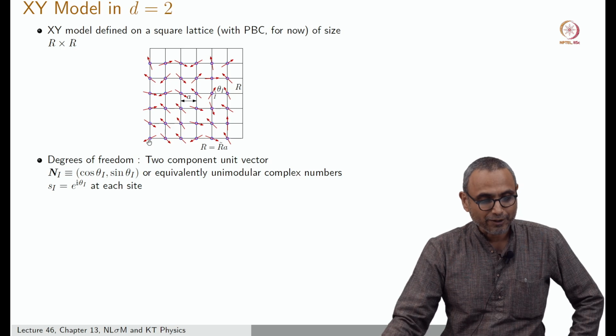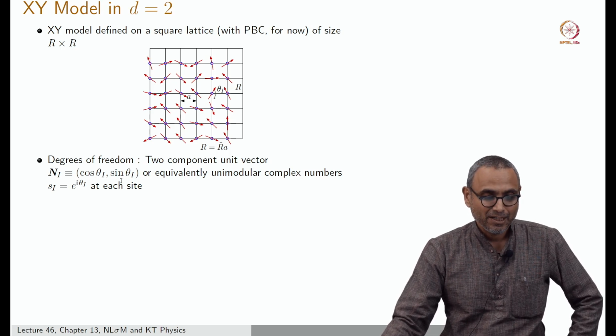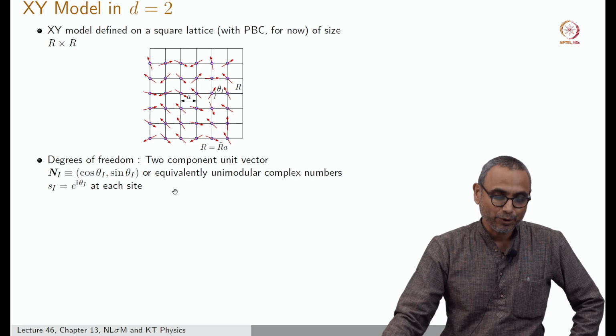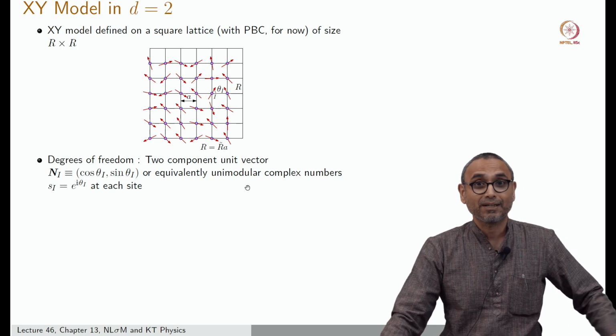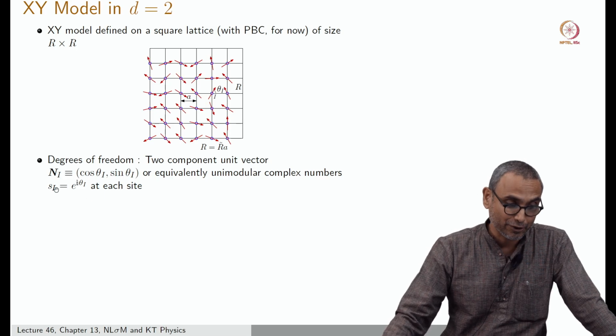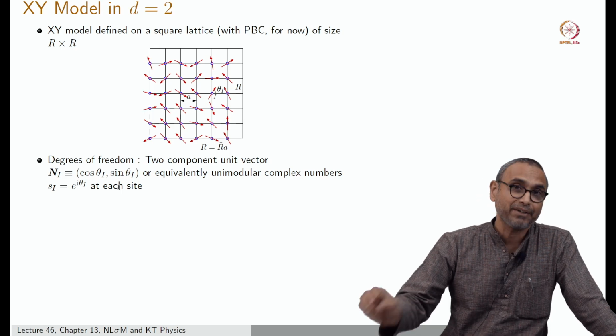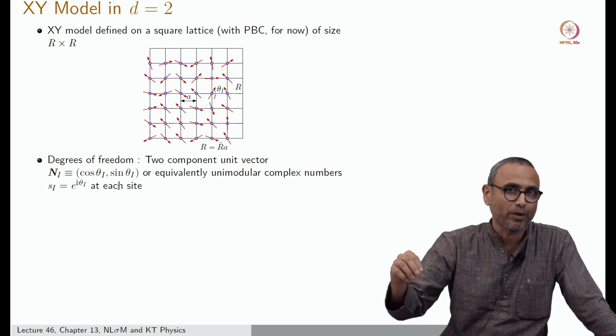So in fact, what you can do is you can imagine that there are these two component unit vectors whose components are cosine theta i and sine theta i, or equivalently you can think of these as unimodular complex numbers. s_i is equal to e to the i theta i, because the real part of this will be cosine theta i and imaginary part of this is sine theta i, and we have made this connection between O(2) and U(1) quite a while back.